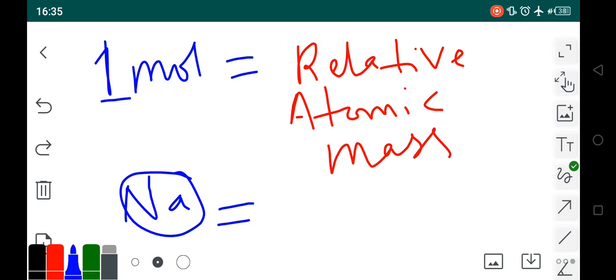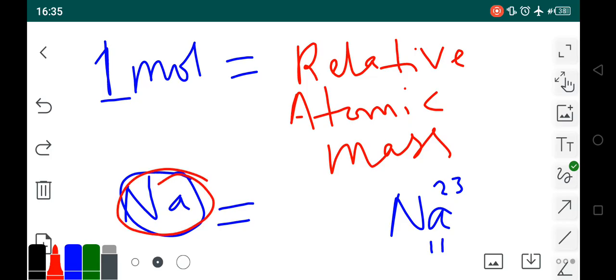When you go to the periodic table, just to give you a hint, sodium is 23 with 11 at the bottom. So 1 mole of this sodium contains 23 grams, which is just the relative atomic mass.